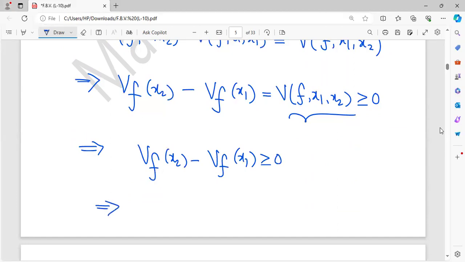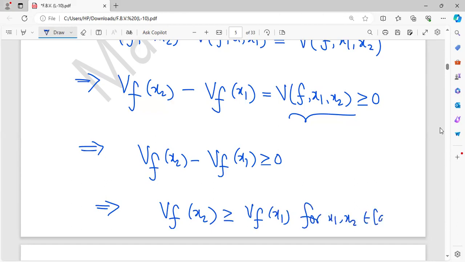It means V_f(x2) is greater than or equal to V_f(x1) for x1, x2 belonging to [a, b] with x2 greater than x1.